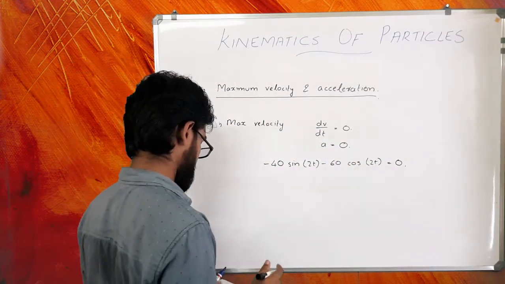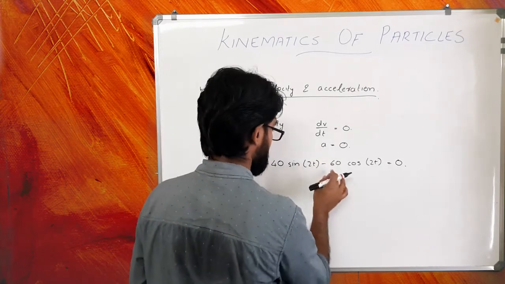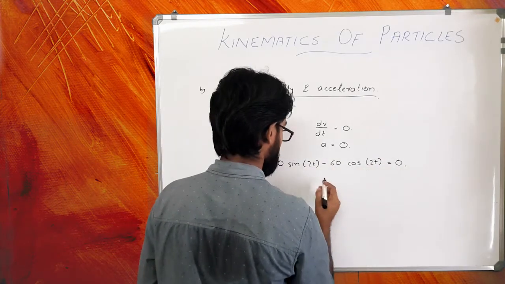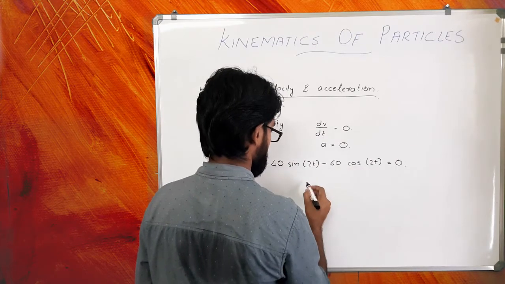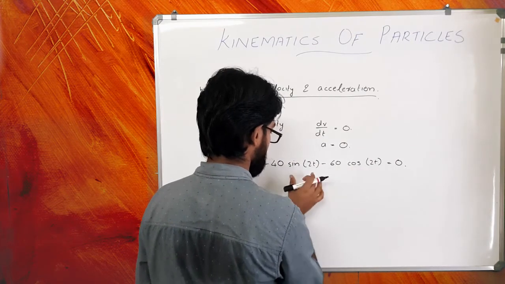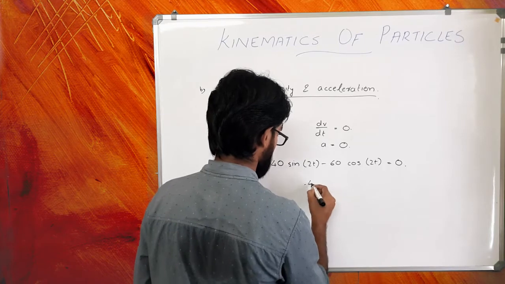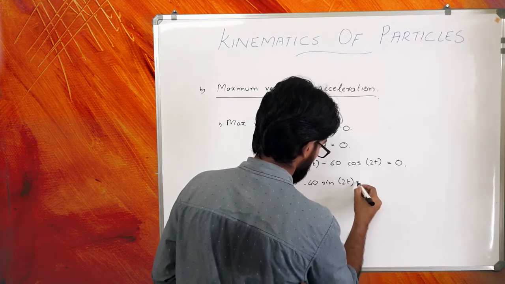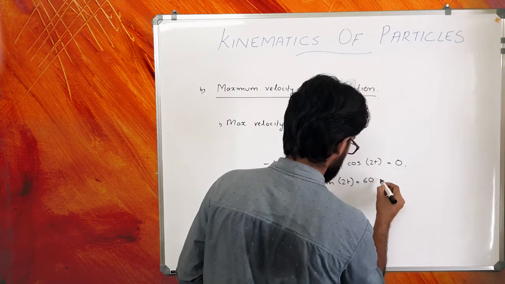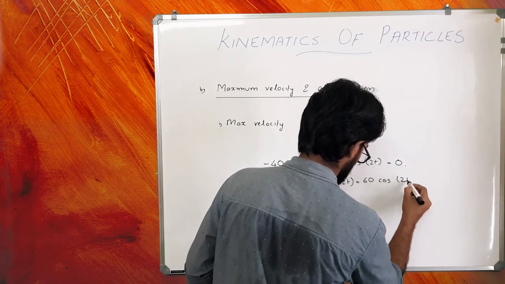Now I can take this part to the right side. So I have minus 40 sin 2t equals 60 cos 2t.